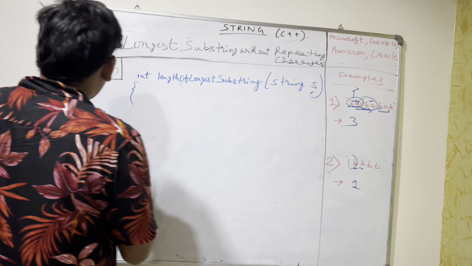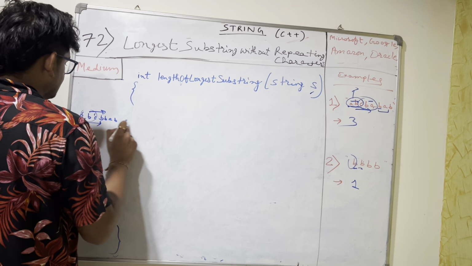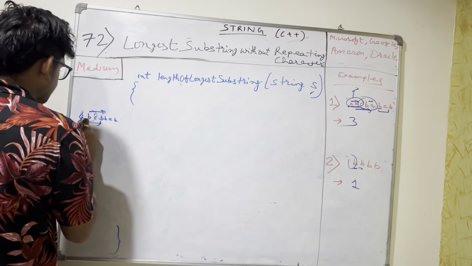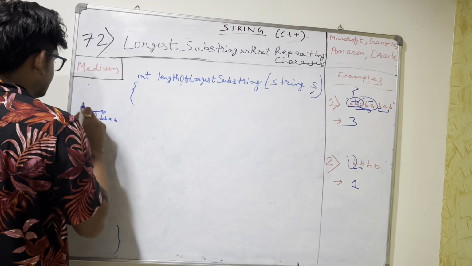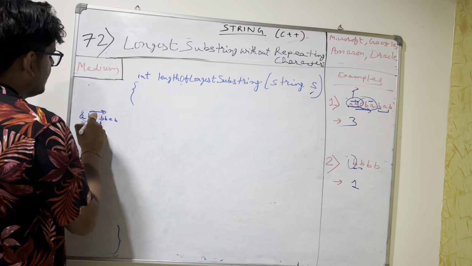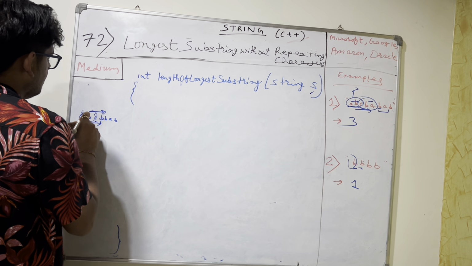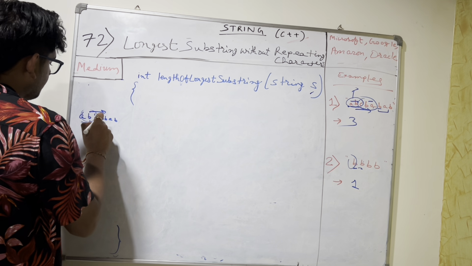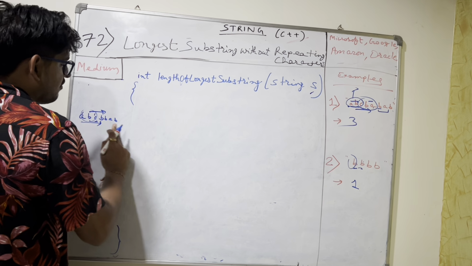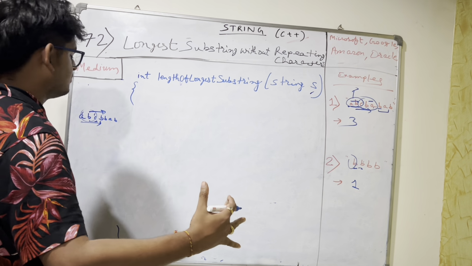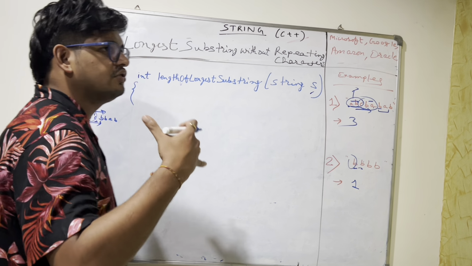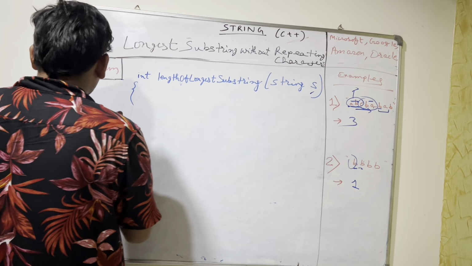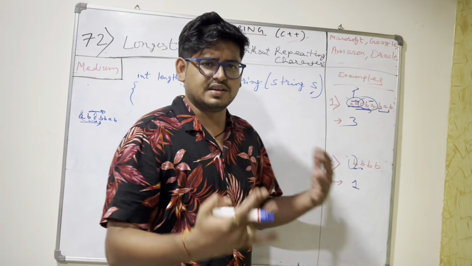If you do the traversal like this, you will get the answer, because you are storing things, A, B, C, you have stored the indexes. Then when you start from B again, because you can't start from here, or if you ignore this and start from here, you can do that as well. But the thing is you need to store the indexes, and once it is repeated, you need to start storing things again.